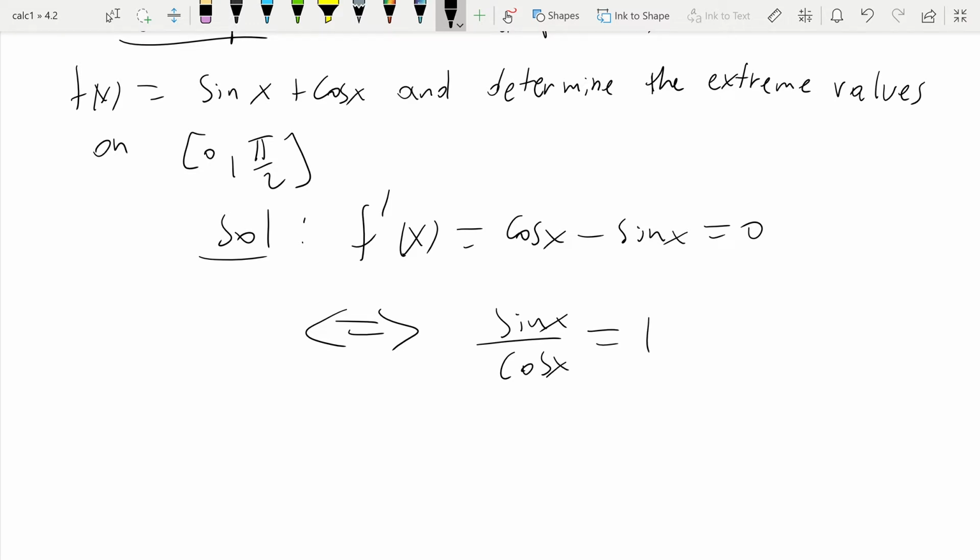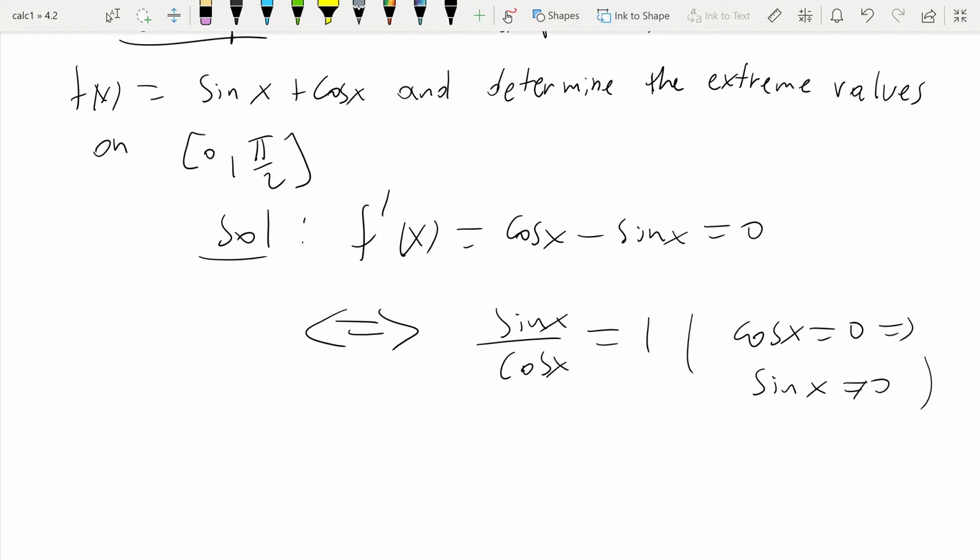You may be concerned about what happens when cosine of x is equal to 0. When cosine of x is equal to 0, that implies sine of x is not equal to 0. So in particular, this can never happen, that cosine minus sine is equal to 0, because if cosine were equal to 0, then you get 0 minus something, which is not 0.